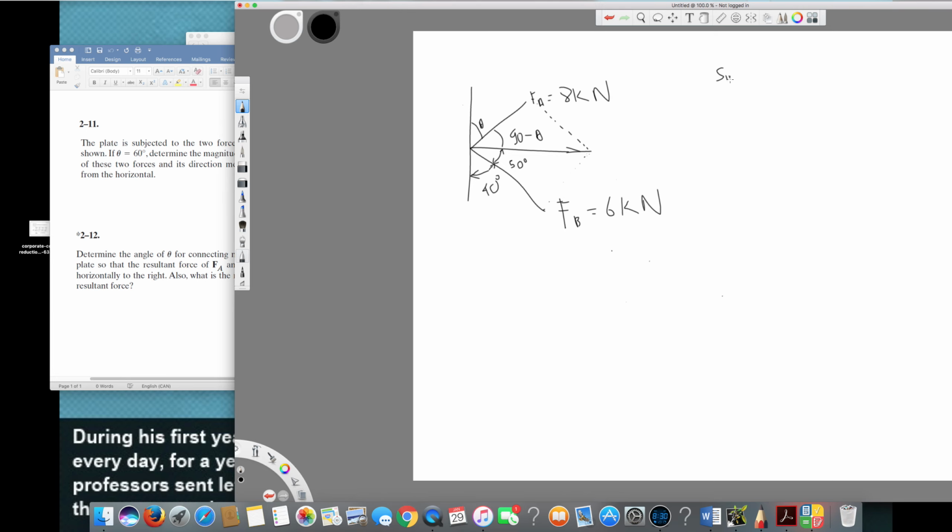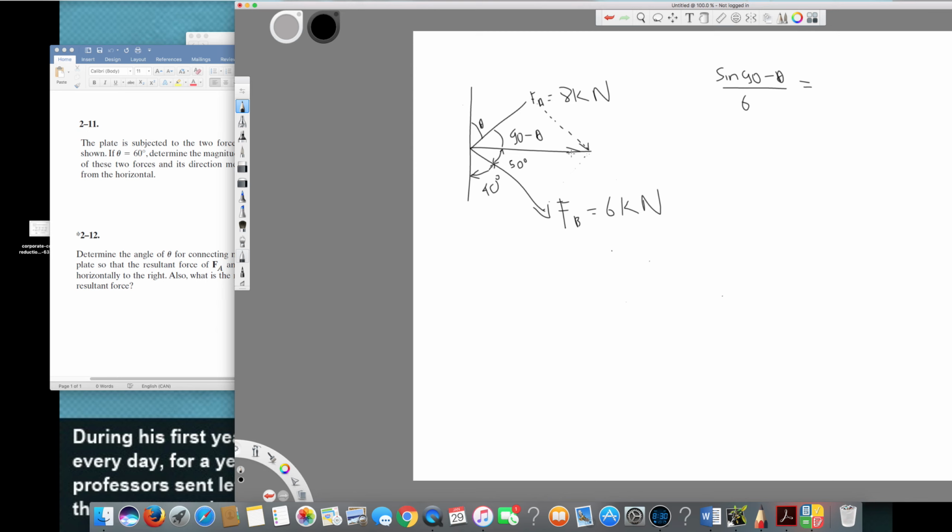Sine 90 minus theta over the line opposite to this angle. The force opposite to this angle is going to be 6 kilonewton. This line is parallel to this line, so 6 kilonewton is equal to sine 50.